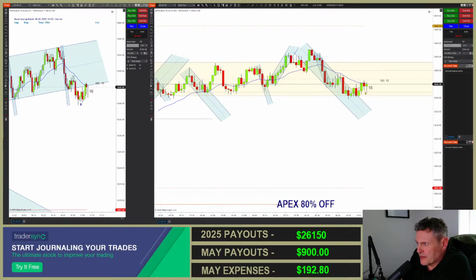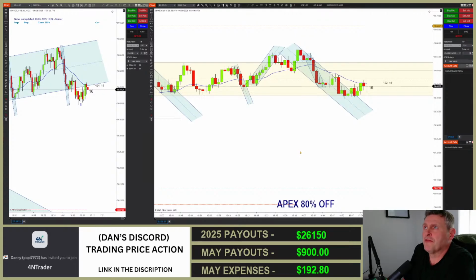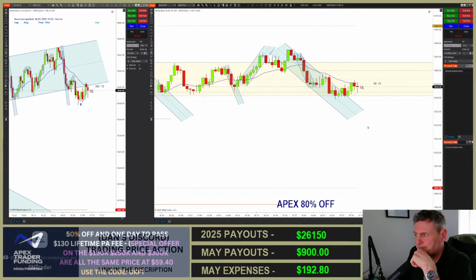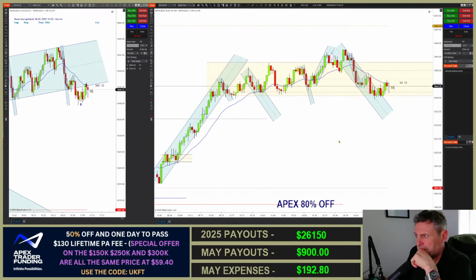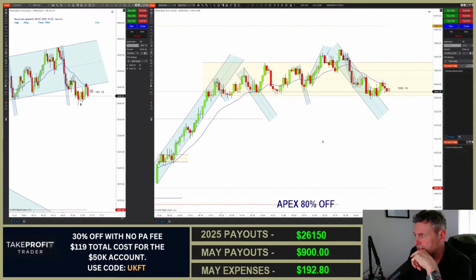You're bound to get some shorts trapped there, so you're probably going to have some stops there, but it's just, I don't know, it's just finicky at the moment. It's just not super clear and clearly chop. I mean, it's definitely holding along there anyway. So that's the one positive thing, but this thing just doesn't look like it's going anywhere.